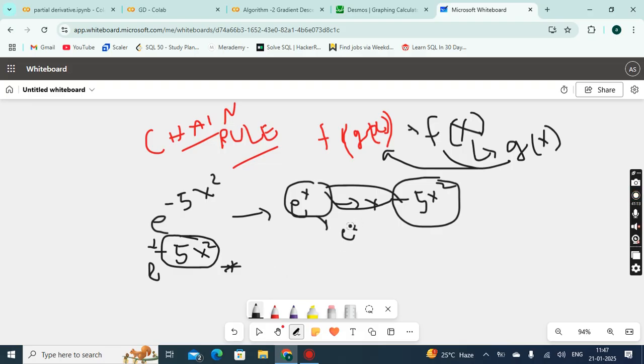Now I will derive the inner part also: the derivative of minus 5x squared is minus 10x. So in a single go, the answer is minus 10x times e raised to the power minus 5x squared.